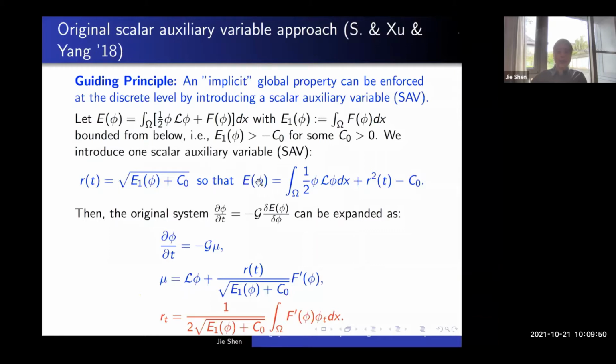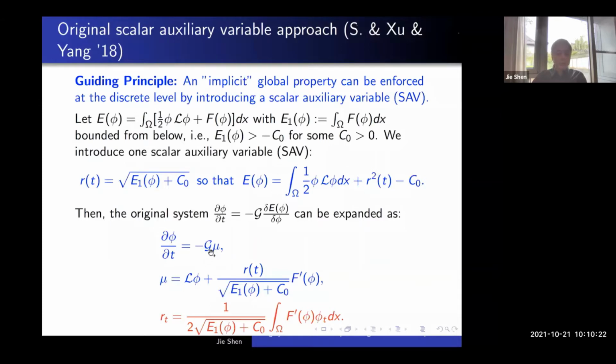And then I rewrite my free energy. For this part, E1(phi), I rewrite it as R squared minus C0. And then I can rewrite the gradient system into an expanded system by adding the equation for the SAV variable to the system.